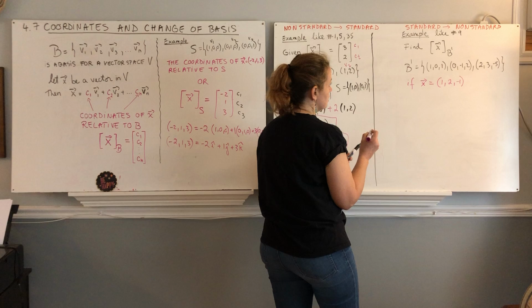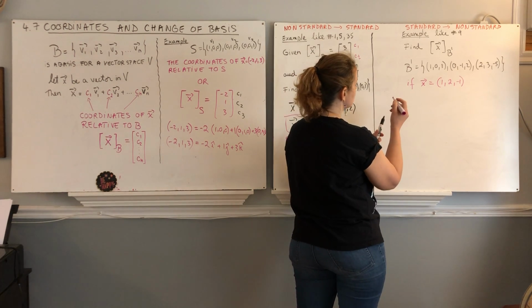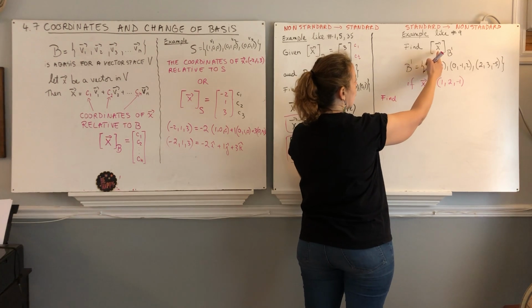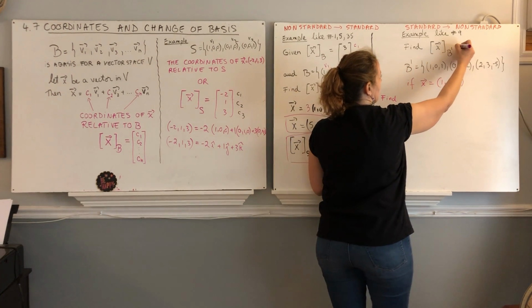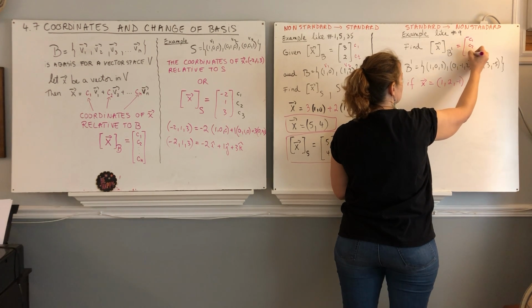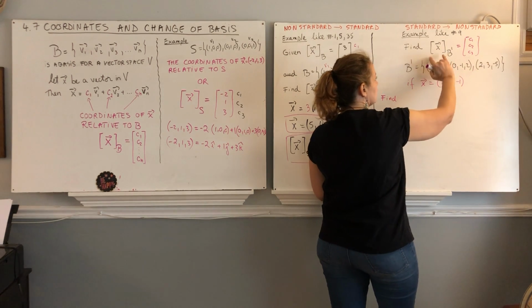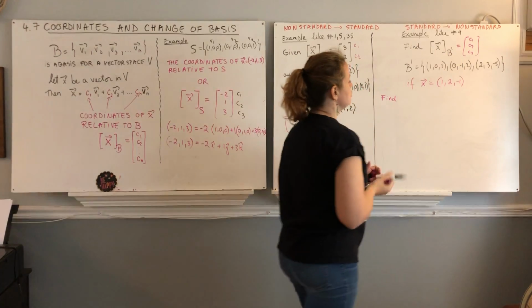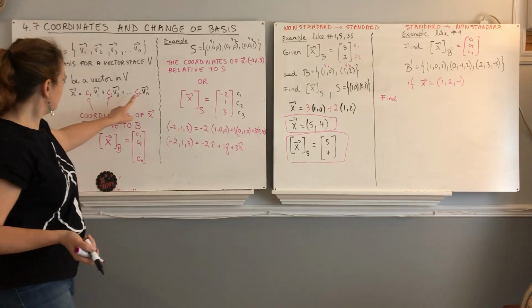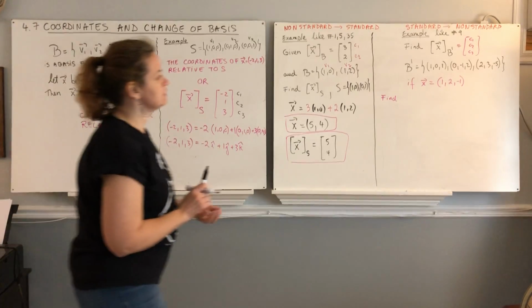That means I am supposed to find the coordinates, and they're going to look like C1, C2, C3, right? I'm looking for the coordinates of x with respect to this new basis.